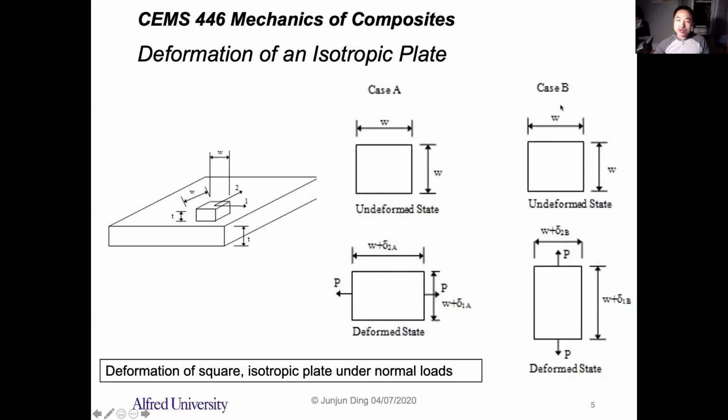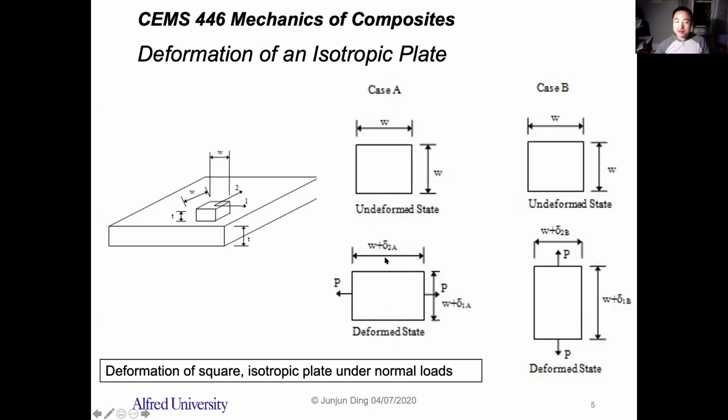And the other case is when you apply force or load in the 2 direction. Therefore, of course, you have this deformation in the 2 direction, right? But based on the Poisson ratio, you also have a deformation in another direction. So here, with the load in the 1 direction, you have the deformation delta 1A, right?